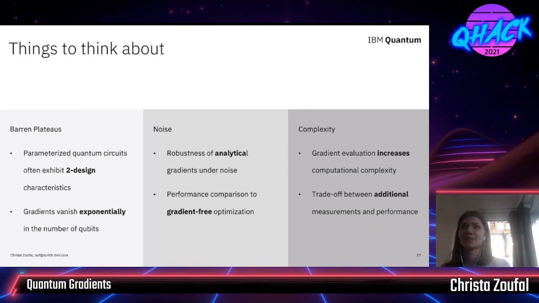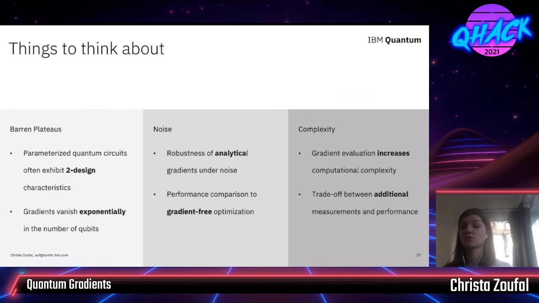The second point is noise. So the example before was supposed to be a motivation to show you that analytic gradients can help you to train given noise. But there's still a large-scale study needed to investigate the effects of noise on analytic gradients and also to draw a comparison to gradient-free optimization methods. So as mentioned before, gradient-free optimization methods, if we tune the hyperparameters, can work better than what I showed.